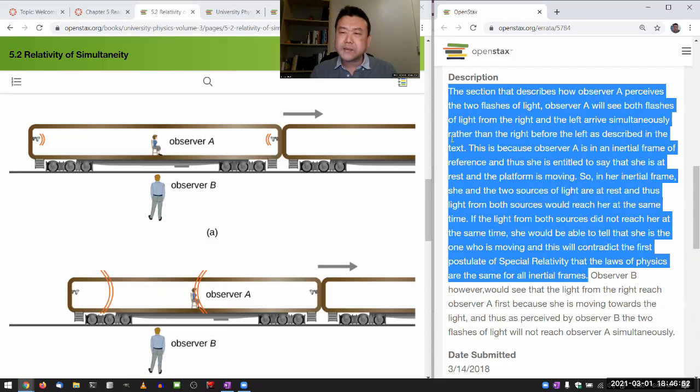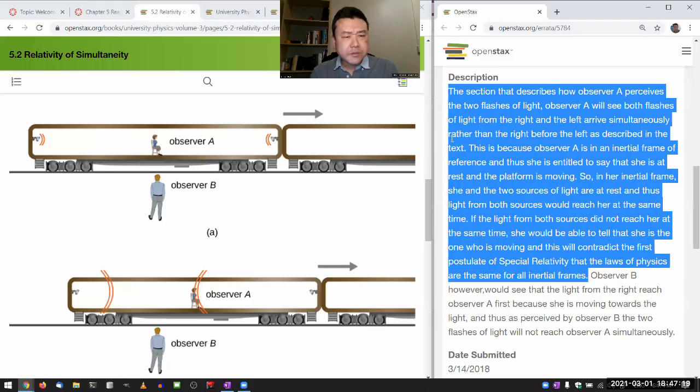What mistake did they make? I want you to think it through for a bit, and I'll tell you. This happens quite commonly when people make mistakes regarding relativity of simultaneity.